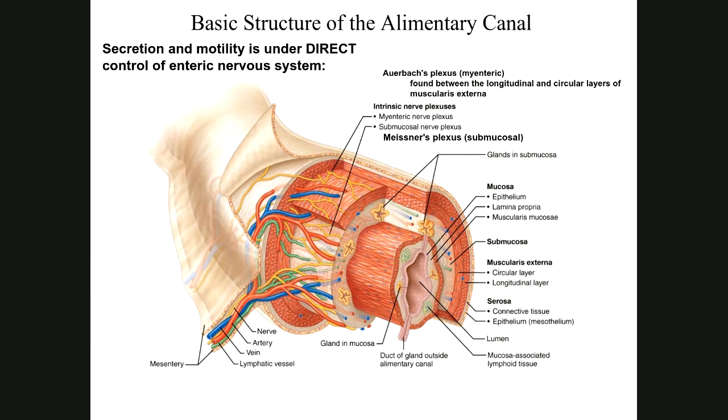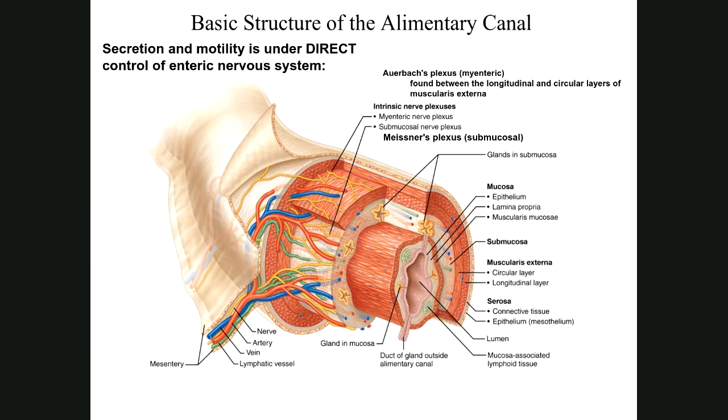And those supply the entire surrounding organs. This is why the secretions and motility are under direct control of the enteric nervous system, because of the presence of those nerve plexus.